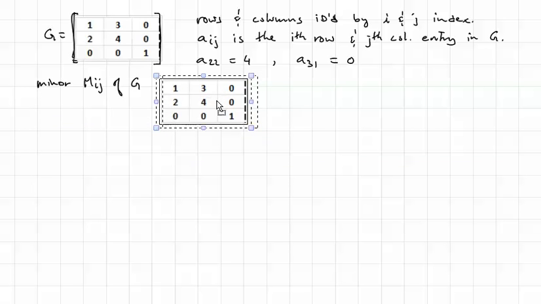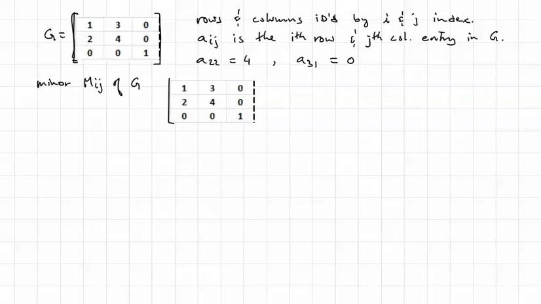Here's the matrix G, and what we do is we cross out. Let's say we want to look at the M11 minor. We cross out the ith row, so that's 1 in this case, and we cross out the jth column.